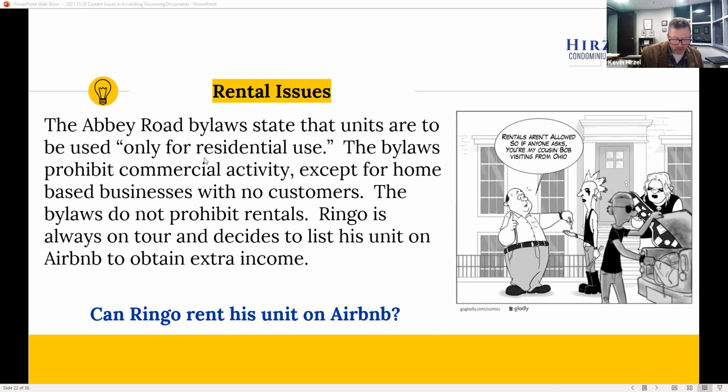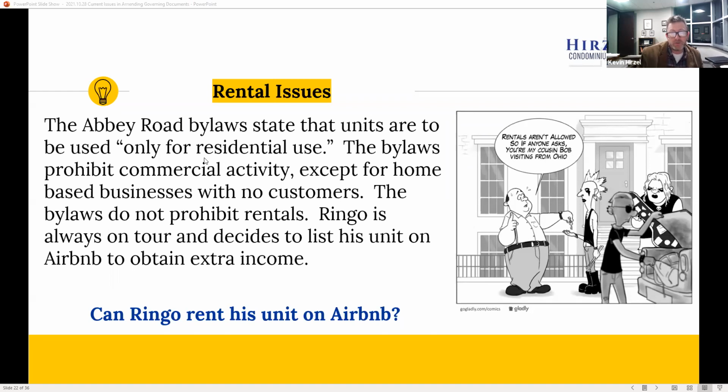We have been able to, on behalf of associations that have challenged it, establish that a short-term rental through Airbnb is usually not going to be considered residential use, especially in the presence of a commercial activity prohibition. And that is generally going to be true if that is the primary or focused use of that property.